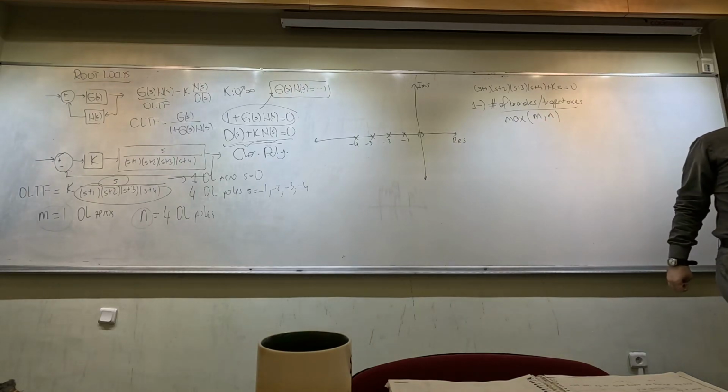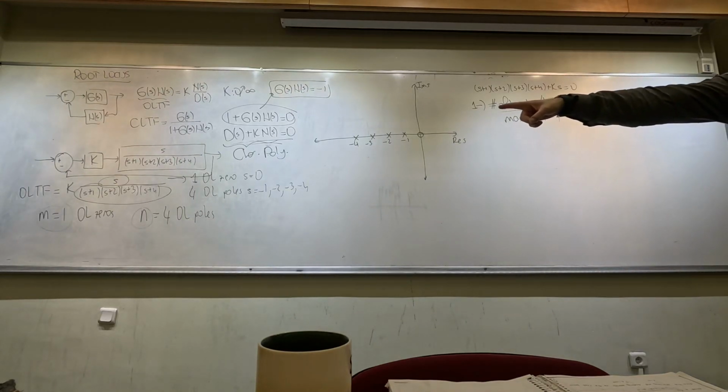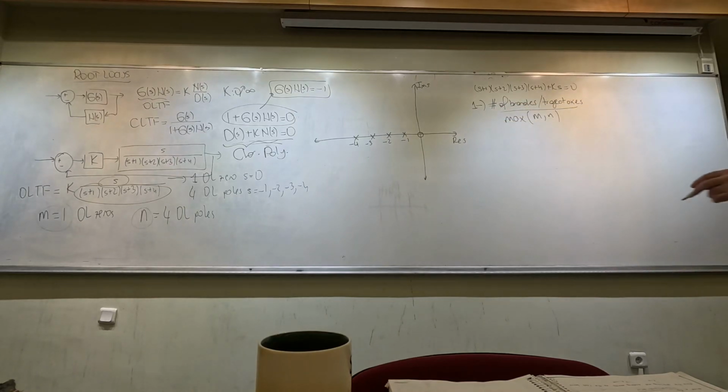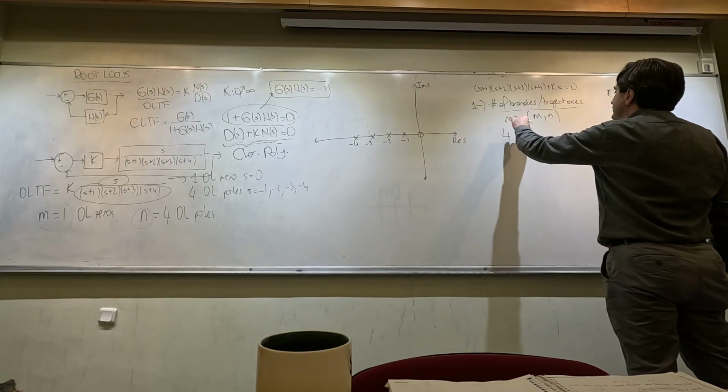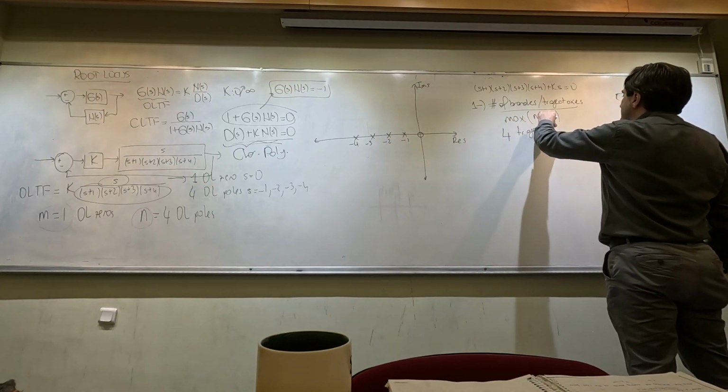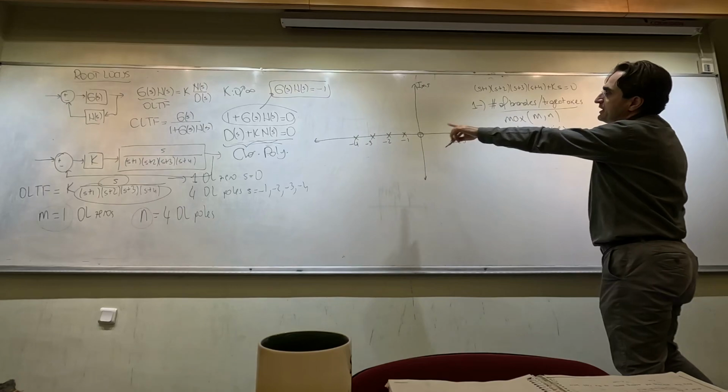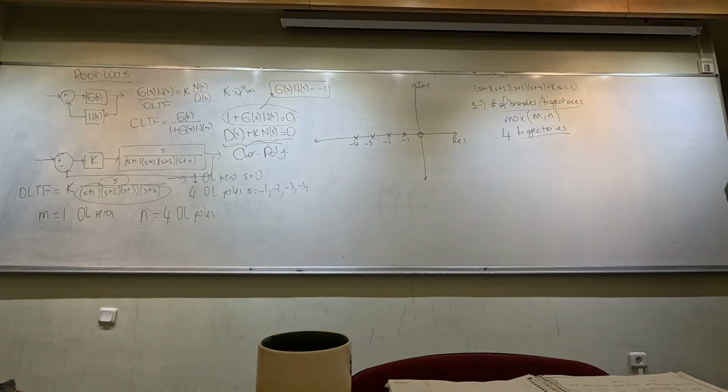That might be a general rule. And in this case, since n is larger, then that means that in this case we have four trajectories. Okay? When I complete this root locus, I will draw the trajectories of four different closed loop poles.